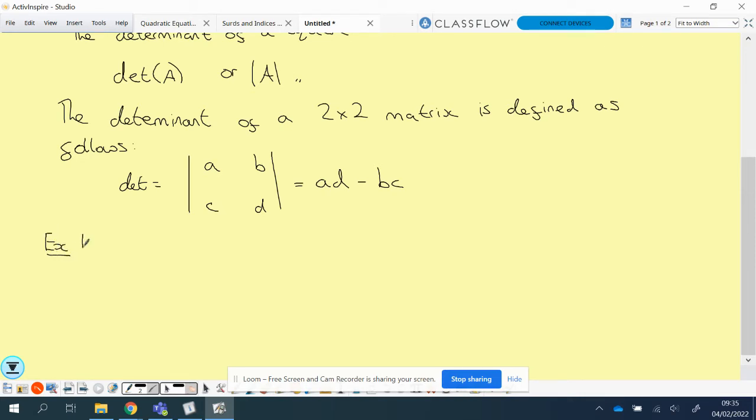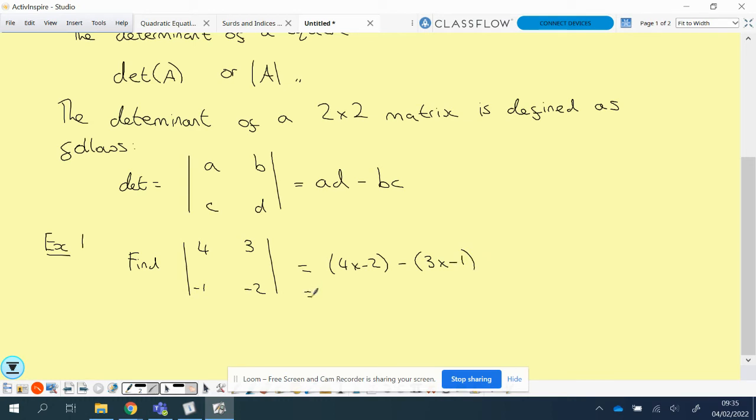So we're going to find the determinant of 4, 3, negative 1, negative 2. What we do is 4 times negative 2, subtract 3 times negative 1.